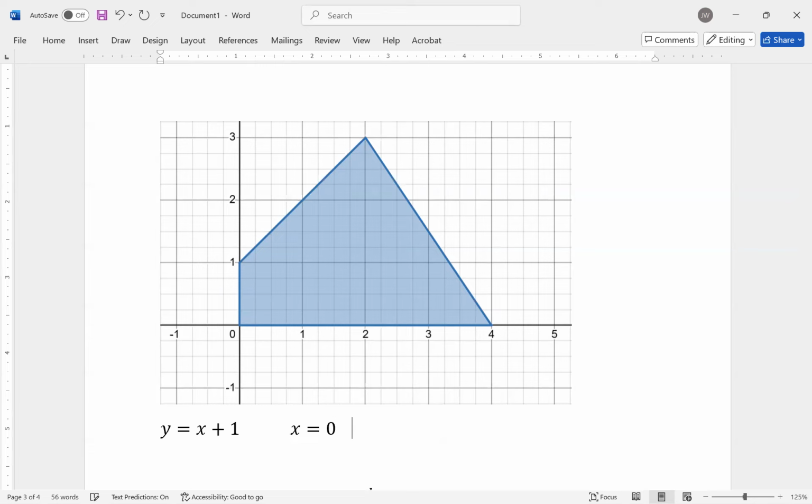And this other line is going to have slope which goes down 3 over 2. So that last line is going to be y equals negative 3/2 times x, and then because it goes through the point 4, 0, it turns out that the intercept is going to be 6. So you can do the calculations on that if you'd like.